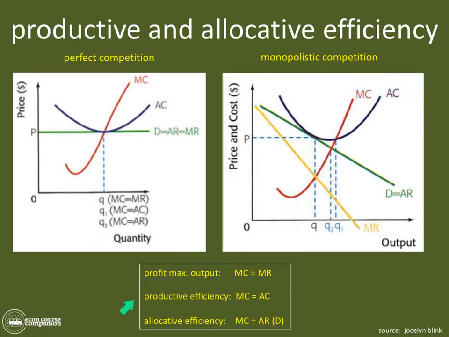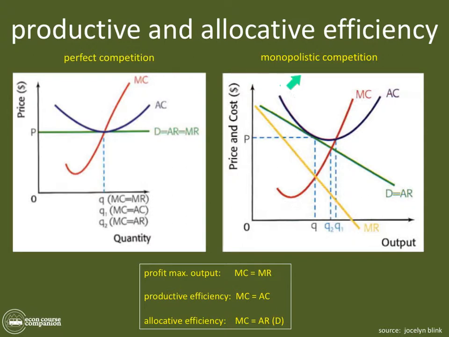Q1 is where we have the productively efficient level of output, where MC equals AC. And at Q2, this is where MC equals AR, which is allocative efficiency. So in perfect competition, because in the long run firms will only have normal profits, it'll be perfectly productive, profitable, and allocatively efficient, okay?